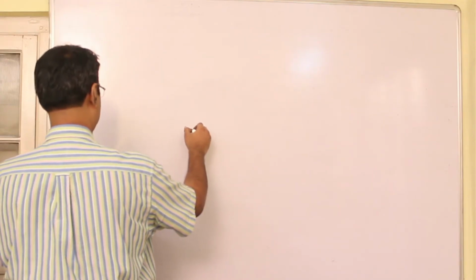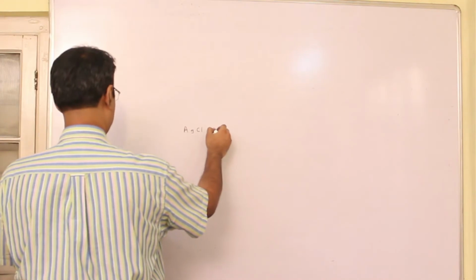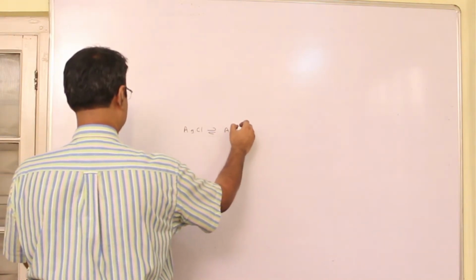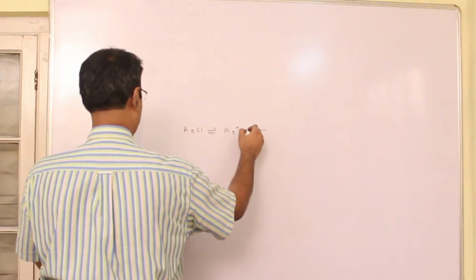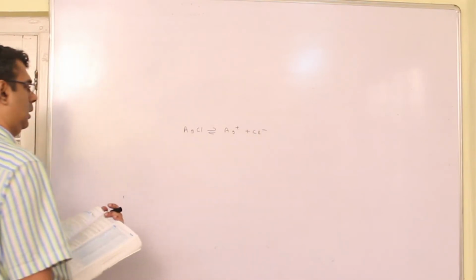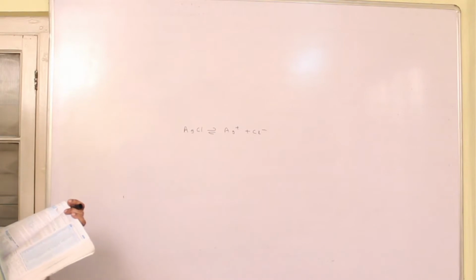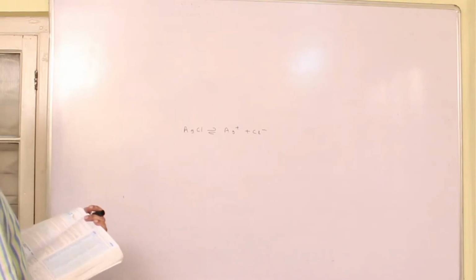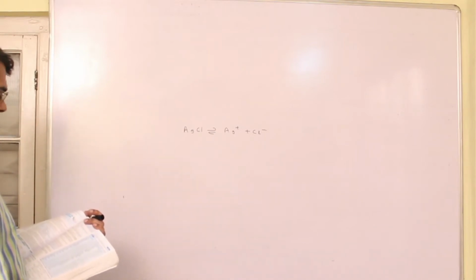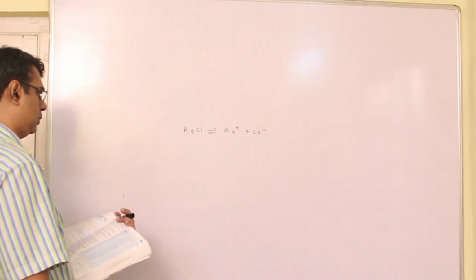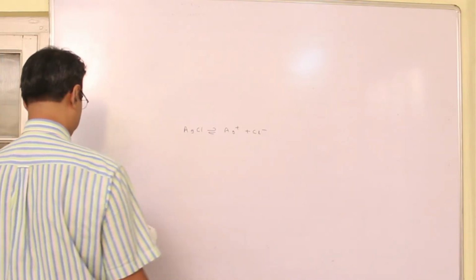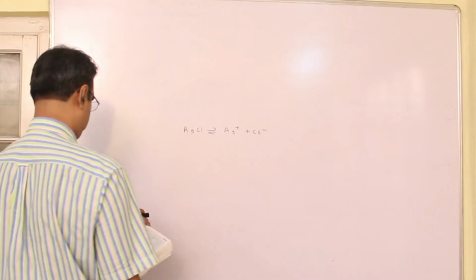Now you know that some salts are highly soluble and some salts are almost insoluble. So those salts which are insoluble tend to precipitate out of the solution. For example, AgCl is such a salt.